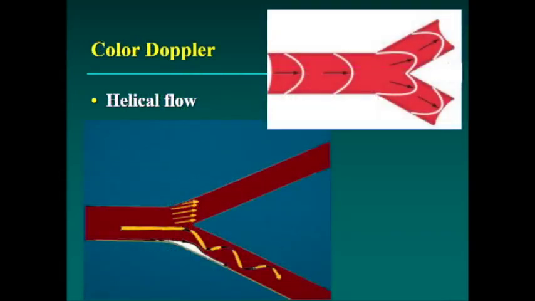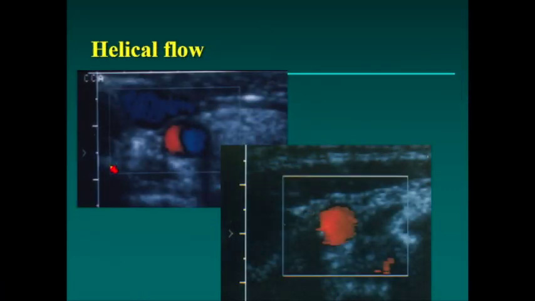One phenomenon that you may not be aware of, you might have seen, is something called helical flow. This happens around areas of bifurcation, sometimes areas of disease. And it's a really cool phenomenon. What you'll see is, if you're 90 degrees on it in transverse, you'll get a red and a blue. You'll get two different colors because this is flow that is spiraling. It is helical, like a barber pole.